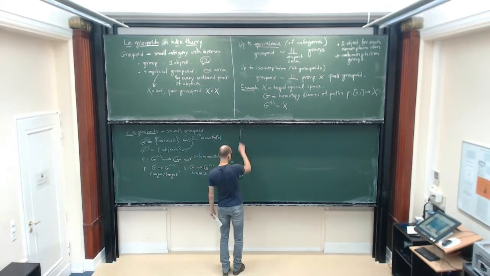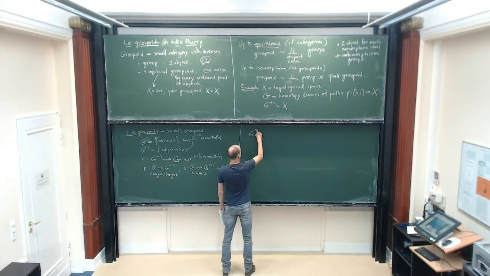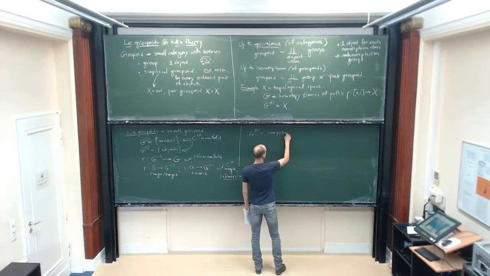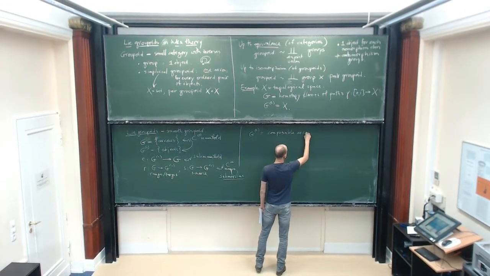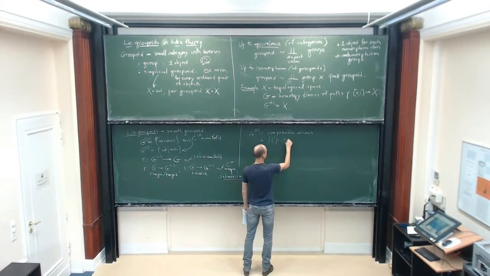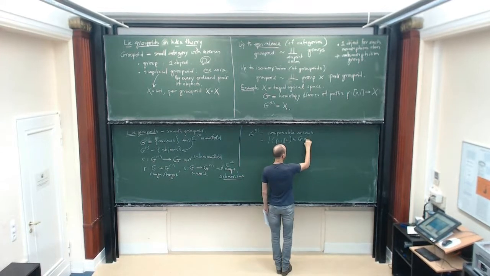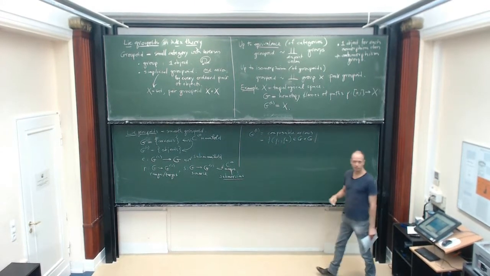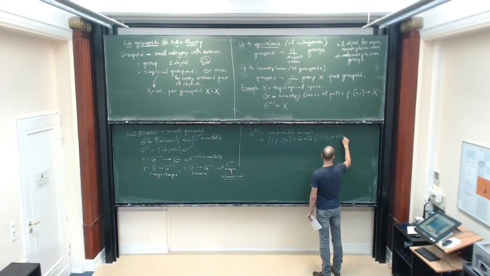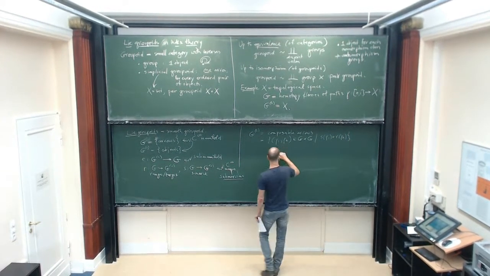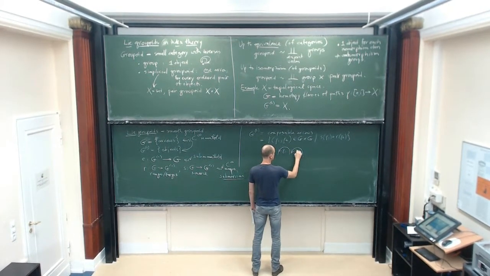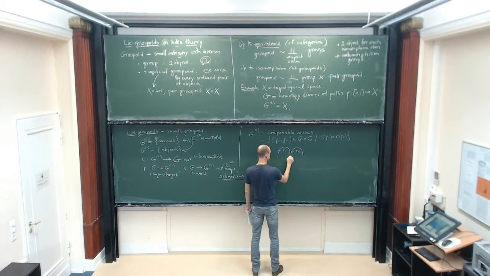One immediate reason for this is that if you look at the composable arrows, that's pairs. Here's a little bit of convention where the source of gamma 1 is the range of gamma 2. This means that implicitly, let me just draw the picture, the arrows go from right to left.